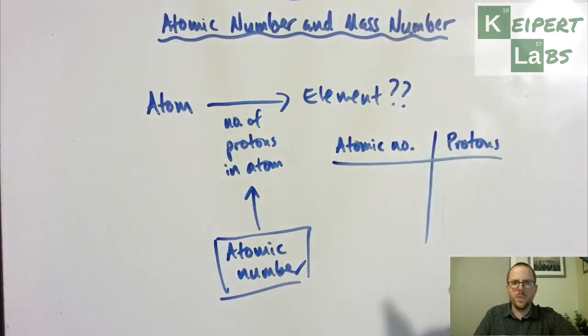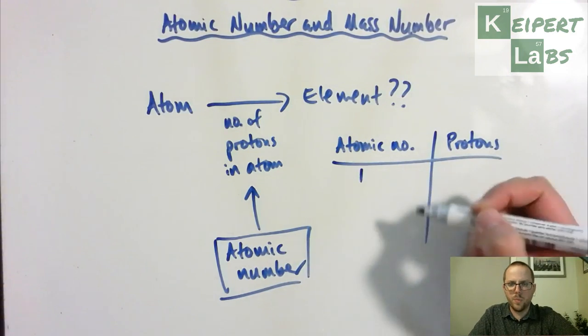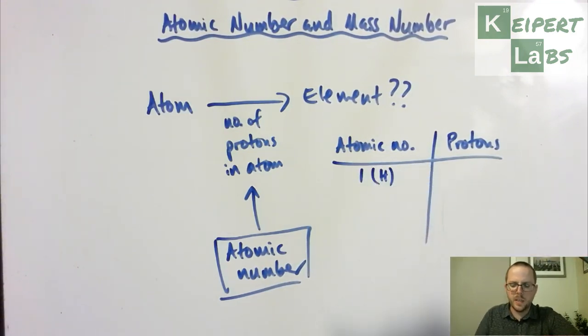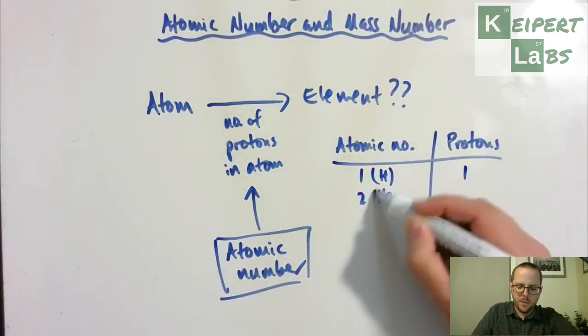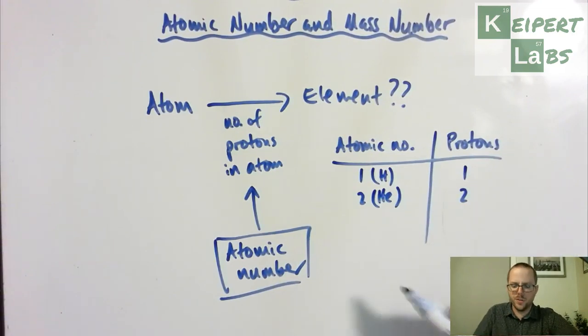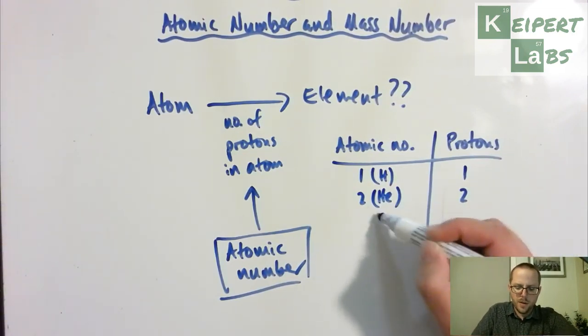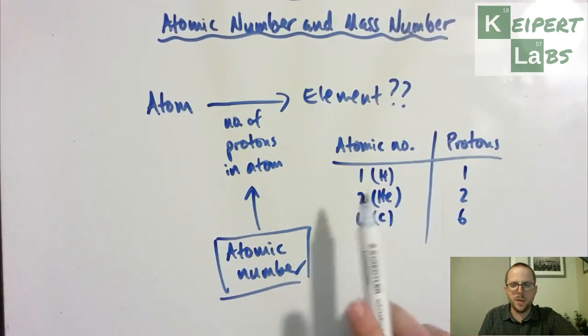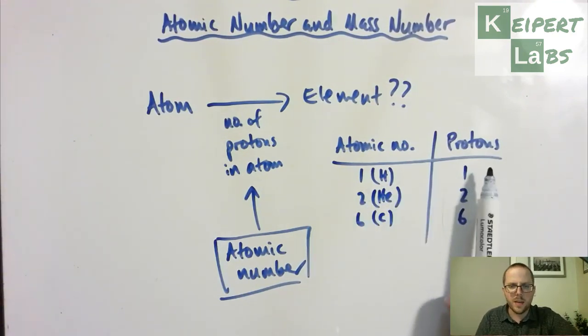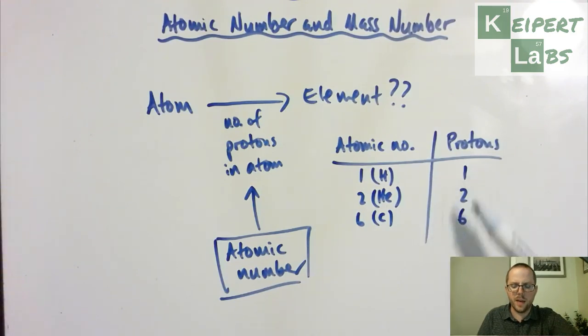Let's say we have something that's got an atomic number of 1, which is hydrogen. In the nucleus of a hydrogen atom, there's 1 proton. If I get helium, which has an atomic number of 2, I have 2 protons. If I go for carbon, it has an atomic number of 6, I have 6 protons. You see what I'm getting at here? Whatever the atomic number is, it's the same as the number of protons in the atom of that element.